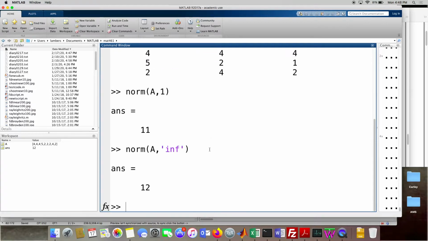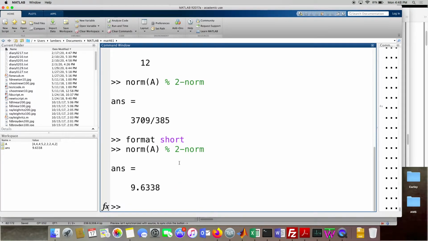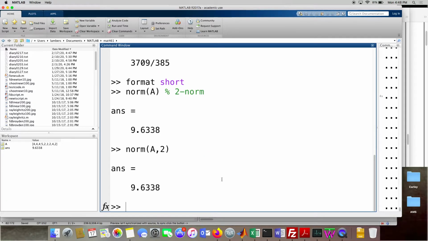That's the infinity norm, and you get 12. Whereas if I do the norm of A by itself, oh, sorry, I had it in rational format from what I was doing earlier. Or here I explicitly specify the 2, but you can see that's the default behavior.